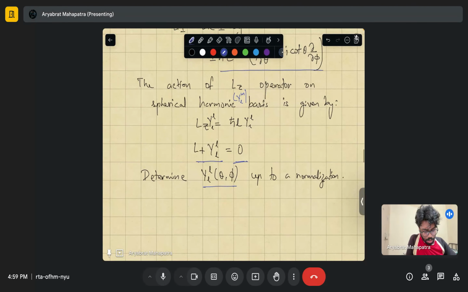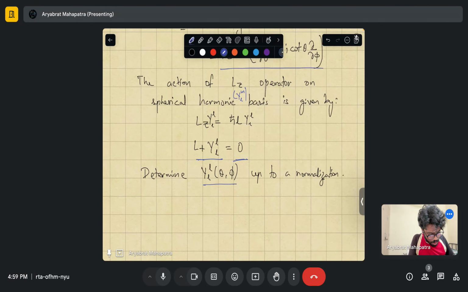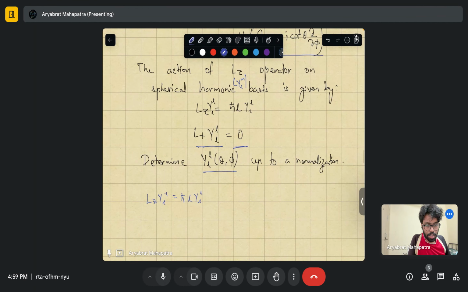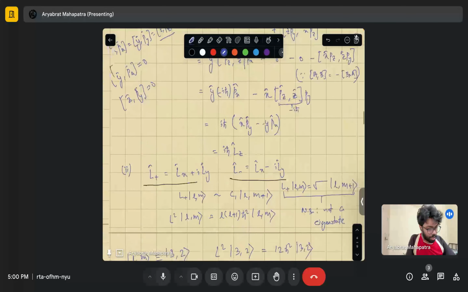So with this information, we have LZ acting on YLL is H bar L YLL. That is what is given to you. And the LZ operator form I have also shown you at the beginning.